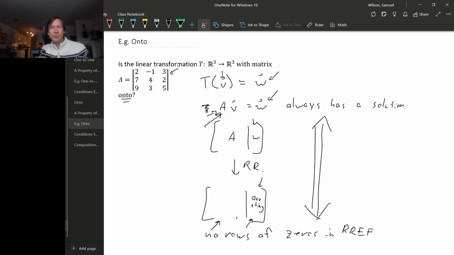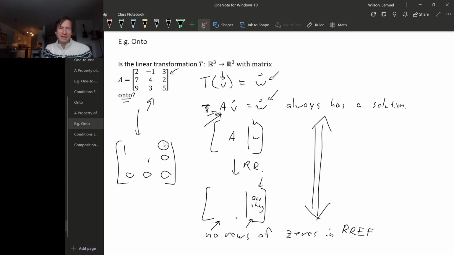Okay, so all we need to do is reduce this matrix and see if there are any rows of zeros. So I won't drag you through row reducing this whole monster, but what you get is, I don't remember what shows up here and here, but it turns out the last row is 0, right? So there's a row of all zeros.